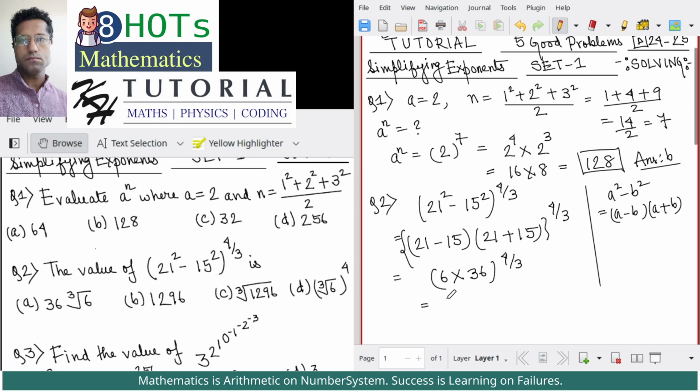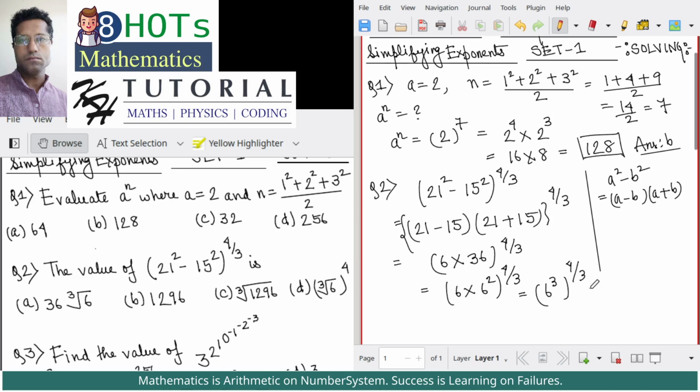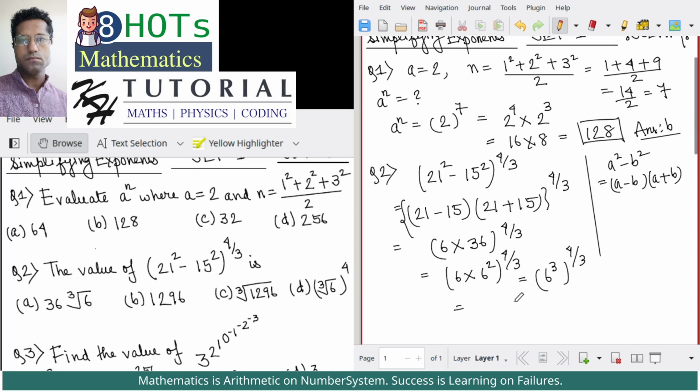We know 36 is 6 square, so this becomes 6 cube, whole raised to the power 4 by 3. If I try to evaluate this expression into a single number, this will be 6 raised to the power 3 multiplied by 4 by 3.